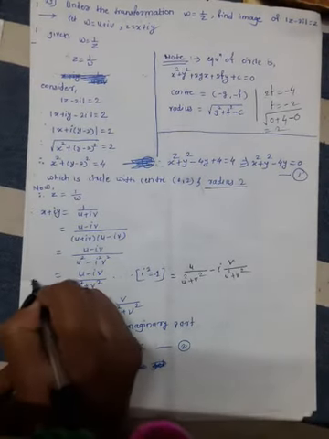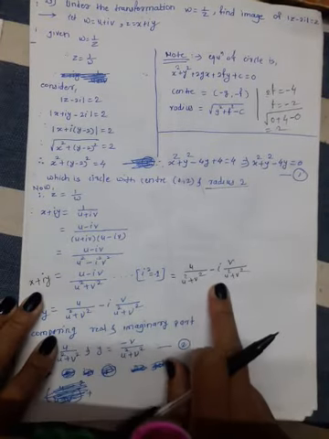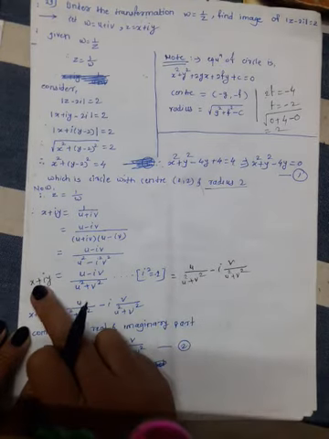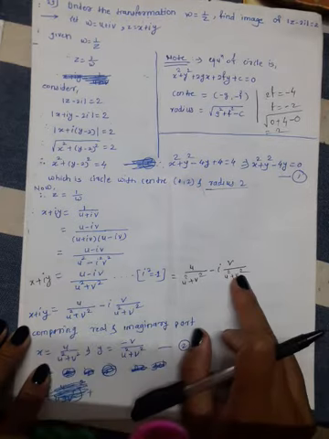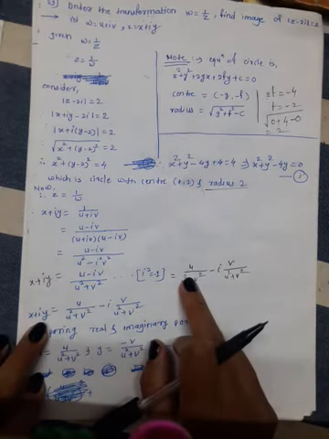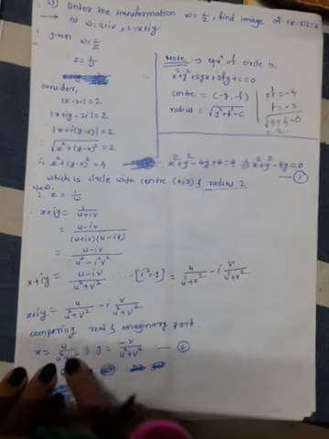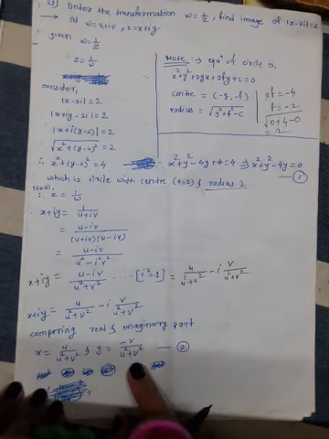Now comparing, this is one complex number and this is another complex number, because both terms contain i. Two complex numbers are equal means the real part is equal and the imaginary part is equal. That's why x is equal to the first term, and y is equal to, with this sign, minus v upon u square plus v square.